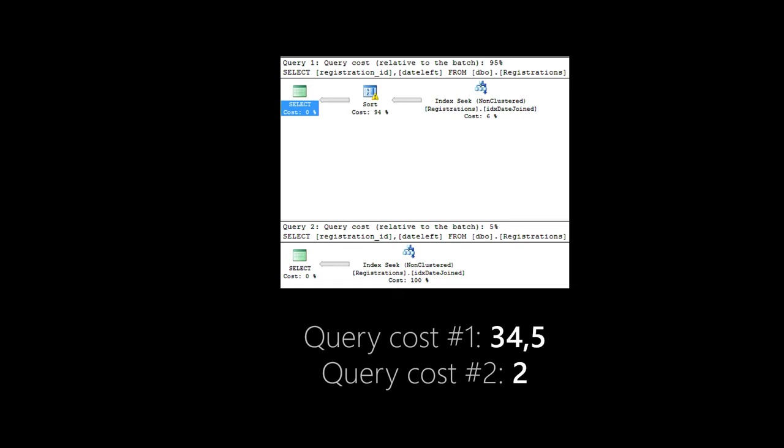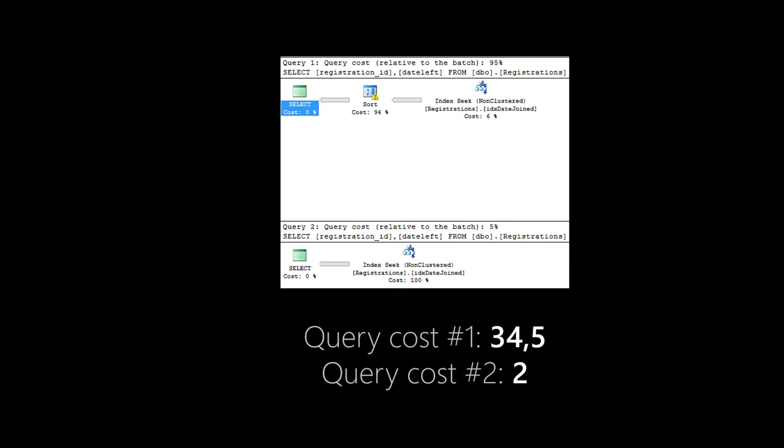It doesn't matter. You cannot compare my 34.5 to your 34.5 unless you have an identical machine. As soon as there is any difference between the machines, the numbers are completely useless. The only thing that we know is that the first query is a heck of a lot more expensive than the second query. We know this because it's a lower number and it's on the same machine.